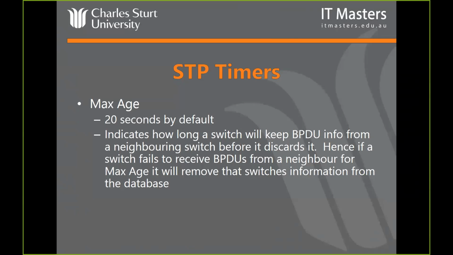And then the next 30 seconds is where it'll go from learning, start to calculate the spanning tree, go through the election process, then listening, keep going again, finalize the process, and now we're getting into the forwarding stage. So it can be 30 to 50 seconds.